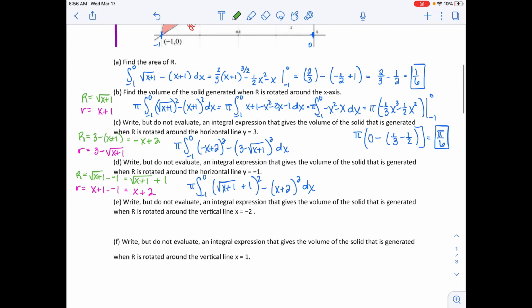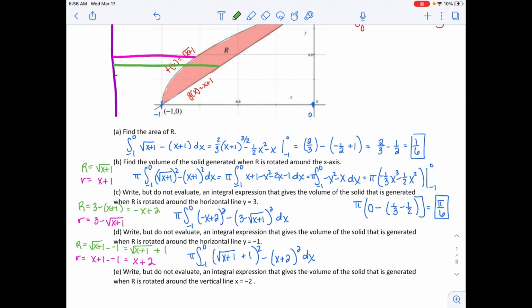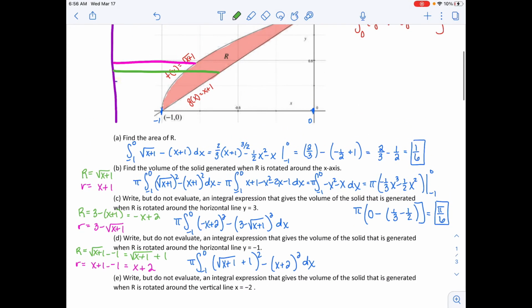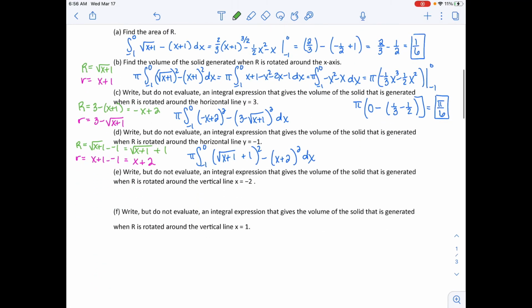And so big R, now we're going to have to do right minus left, and we're going to have to do everything in terms of y, because we're going to stack those washers up and down the y-axis. So we're going to stack this way, and so we are dy everything. So we need to do right minus left, because the right side is bigger than the left side. So we're going to do line minus -2, but we need it in terms of y.